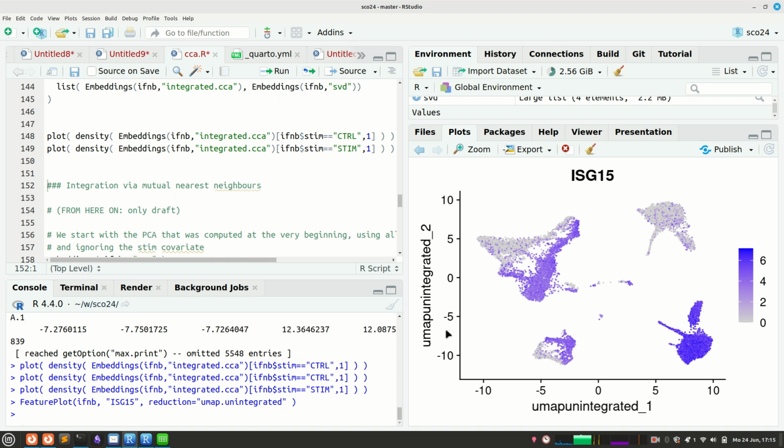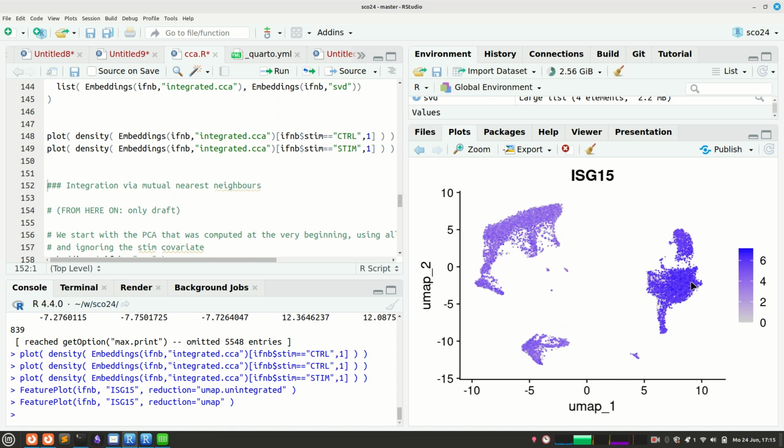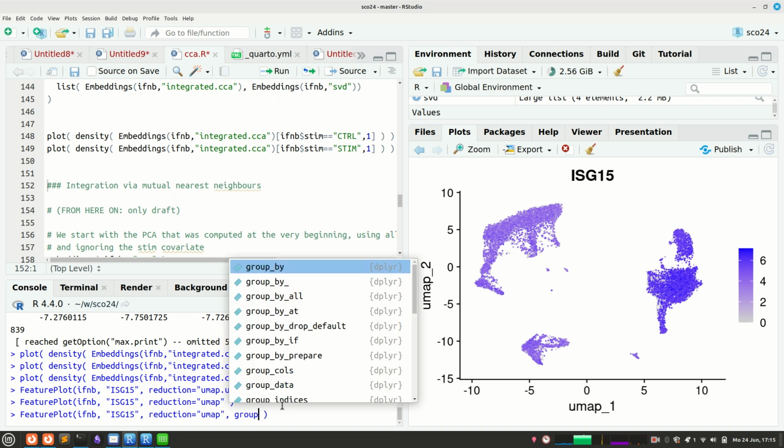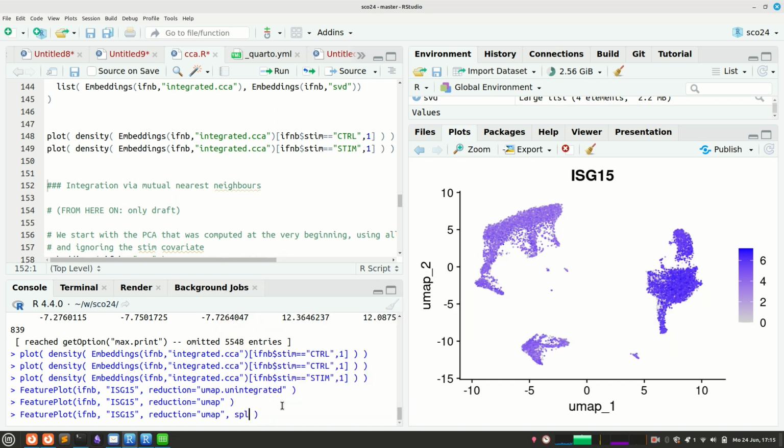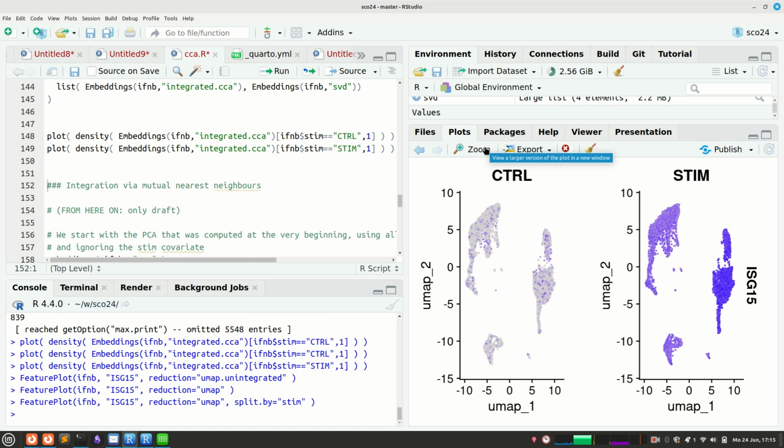What I could now do is make this not with the unintegrated, but with my integrated UMAP. Now these cells sit all on top of each other. At each place I get a mixture of an unstimulated and a stimulated cell. To make this easier to see, I can use this split by function, which allows me to split them like this.